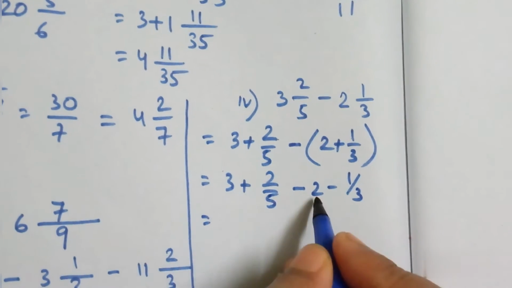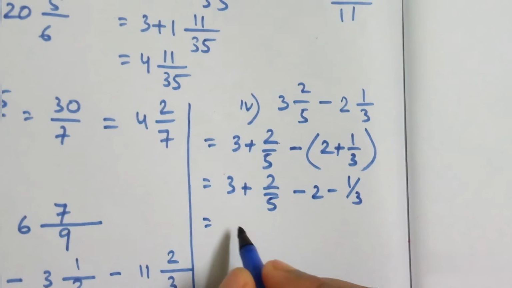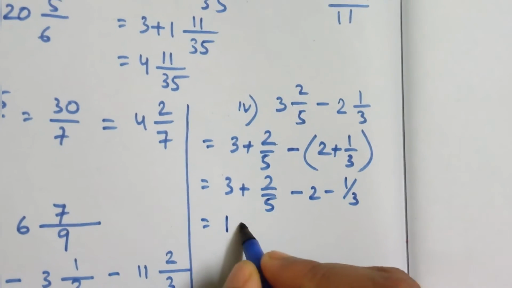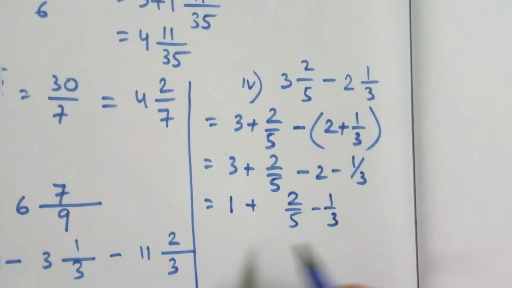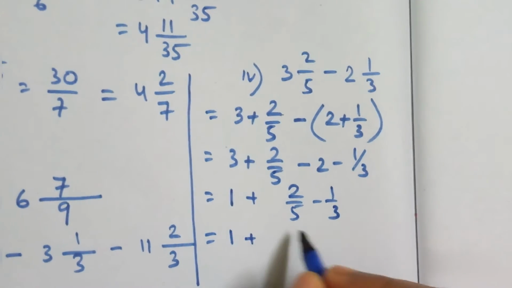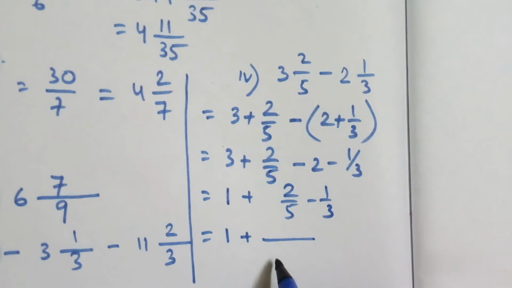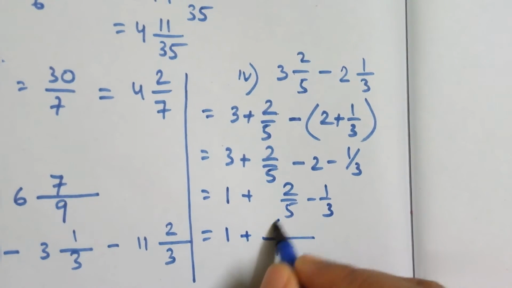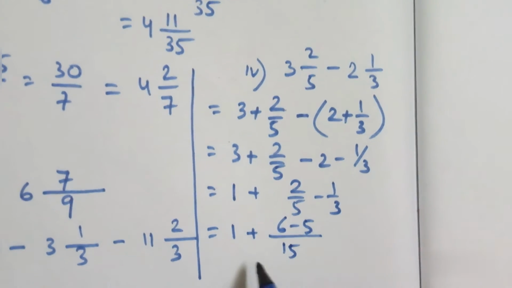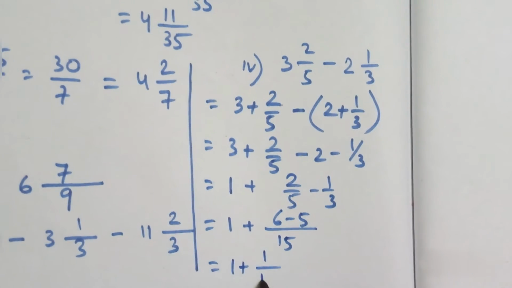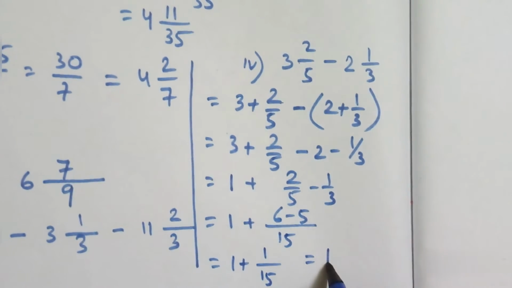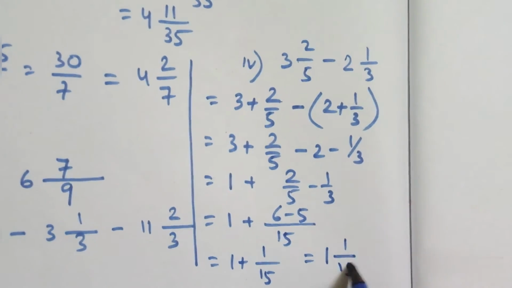Okay, so 3 minus 2 will be 1, and plus 2 by 5 minus 1 by 3. The denominator will be 15 and it will be 6 minus 5. So 1 plus 1 by 15. So it will be 1 1 by 15.